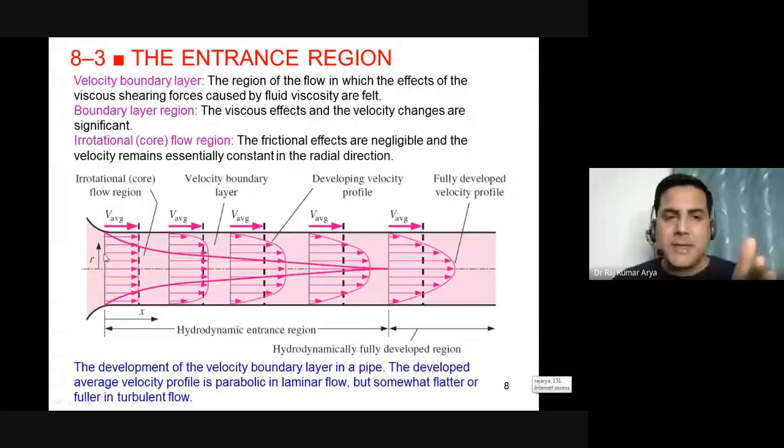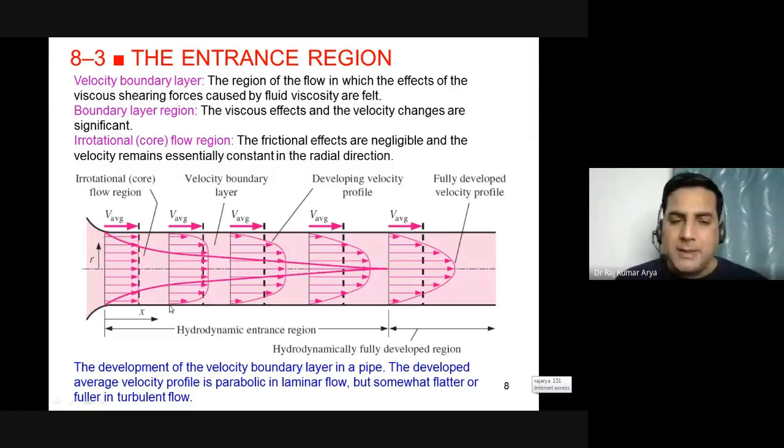Everywhere you have the same velocity profile, the magnitude of velocity is the same. As it enters inside the pipe, it feels obstruction at the surfaces, and the velocity at the contact would become zero immediately. So you see the velocity here is zero. Velocity here is also zero.